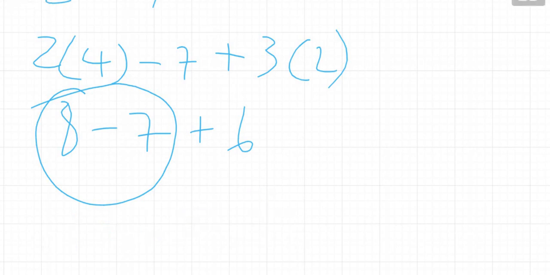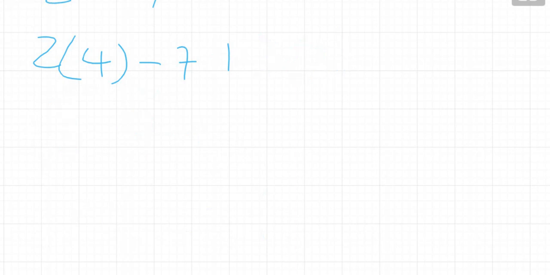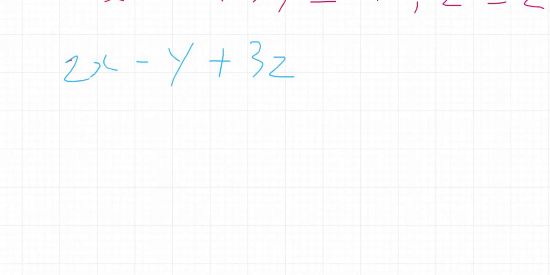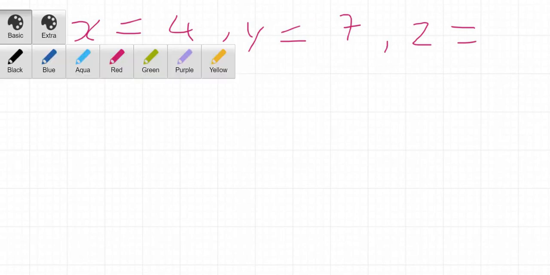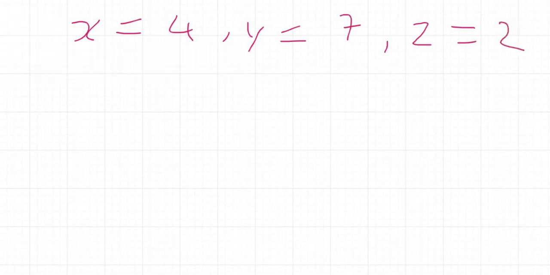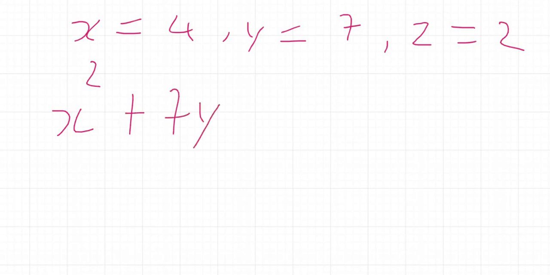Let's look at another one with these same substitutions. So say we have x squared plus 7y plus 5x.